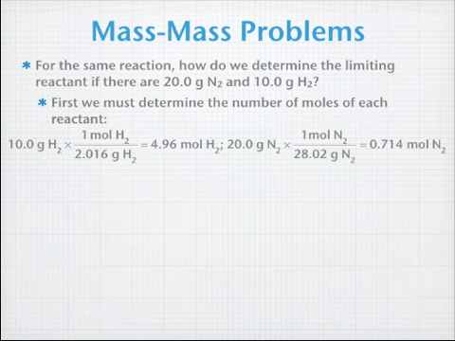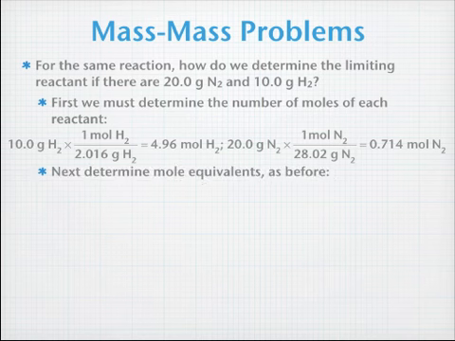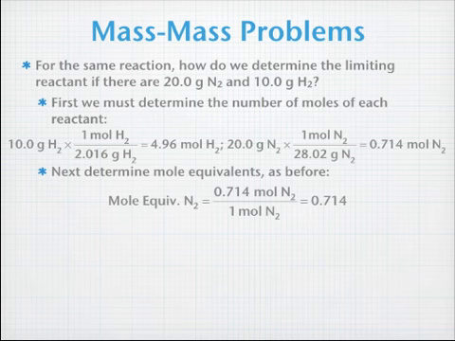Now we go back to the same thing we had just done. We'll determine the mole equivalence as before. We'll take the 0.714 moles of nitrogen first, put that there, divide by the 1 mole of nitrogen from the balanced chemical equation, and we get 0.714 as the mole equivalent for nitrogen.